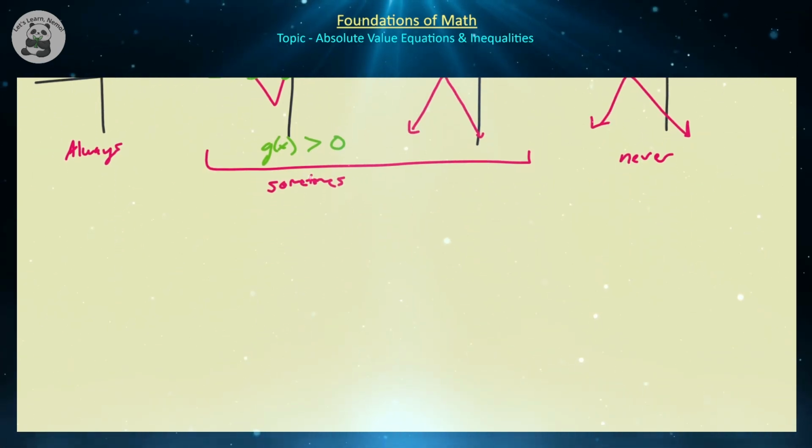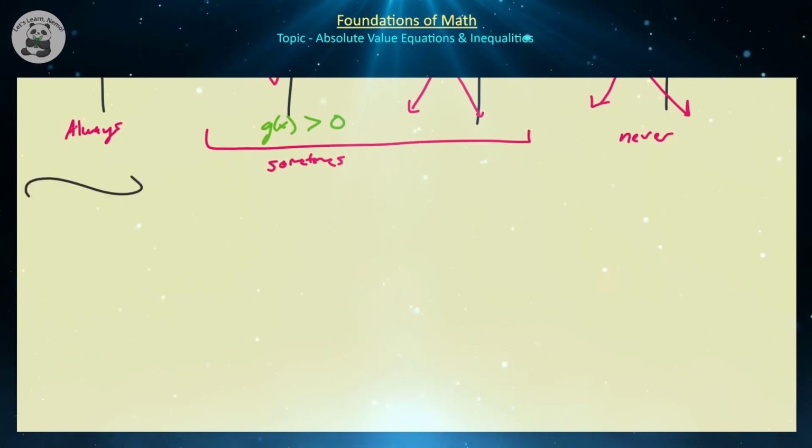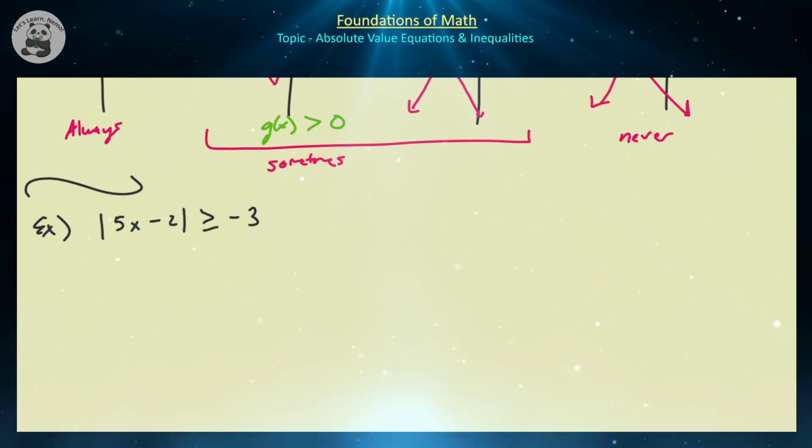So let's look at a couple algebraic examples to see if we can figure out which is which. First example, let's assume that we have the absolute value of 5x minus 2 is greater than or equal to minus 3. We know that the absolute value of 5x minus 2 is always greater than or equal to 0, and we know that 0 is greater than minus 3.